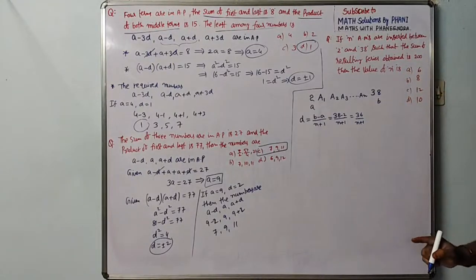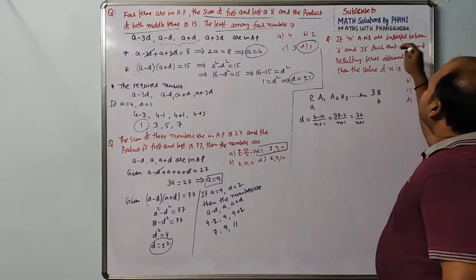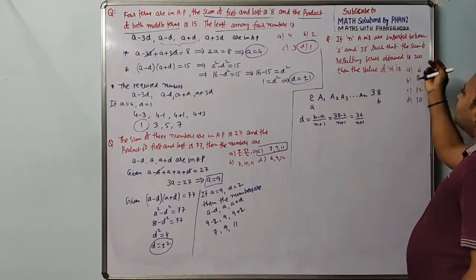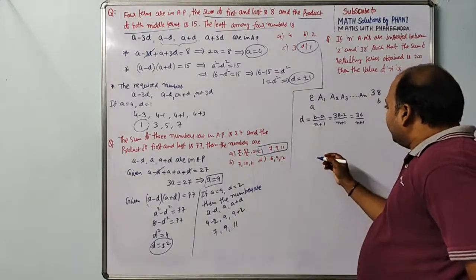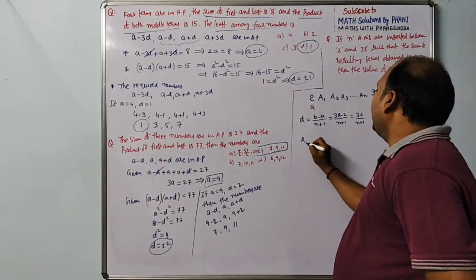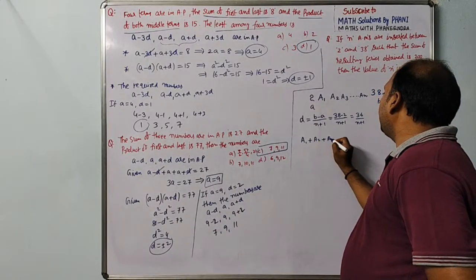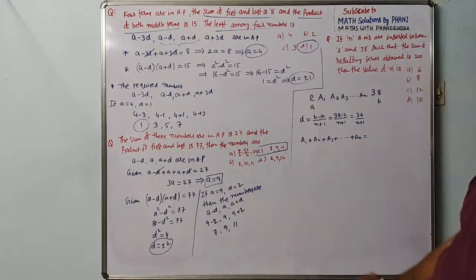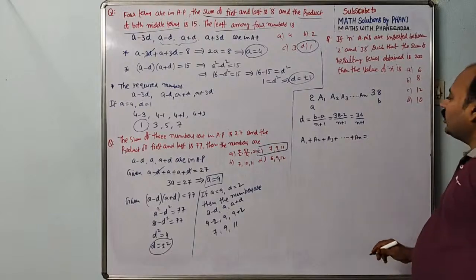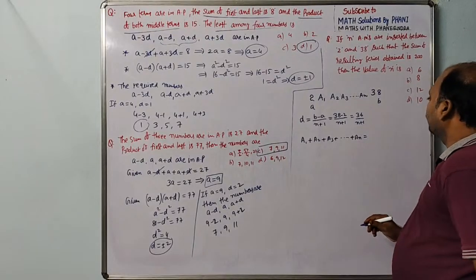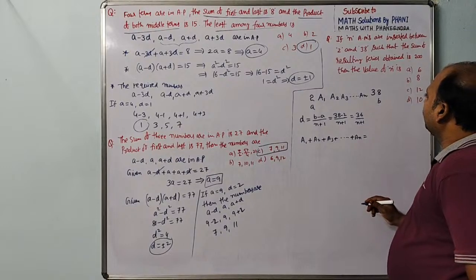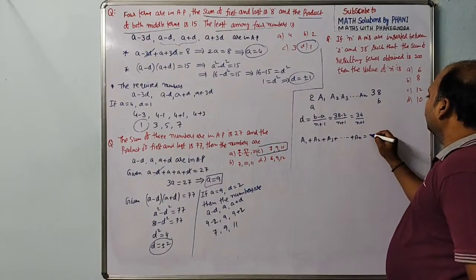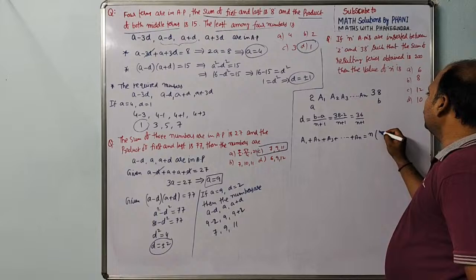After getting this result, the sum of the resulting series is obtained as 200. That means A1 plus A2 plus A3 plus ... An is equal to n into B plus A by 2.